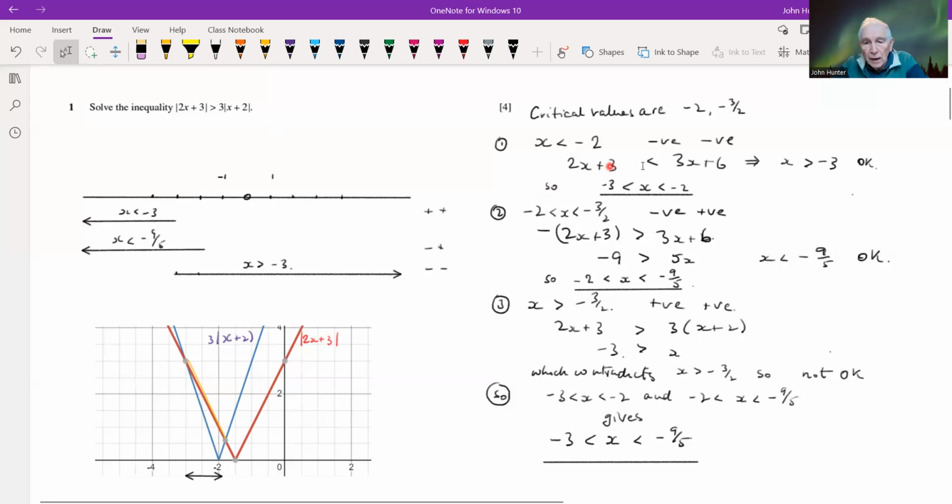If we write that out, I've dropped the minuses, but what I have done is change the sign around, which is important. If we multiply by a negative number, which is what we're doing in effect, then we must switch the sign. If we work that through, that simply comes to x is going to be greater than minus 3. That works, because that is valid for the interval that we have taken.